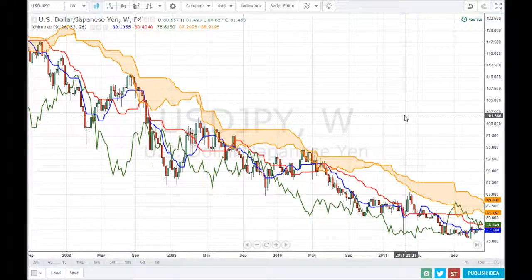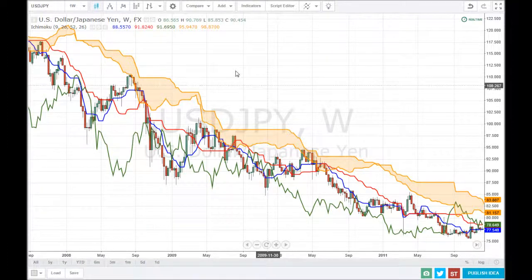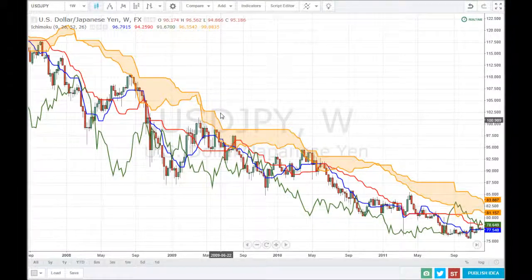As the Ichimoku Kinko Hyo is slightly more complicated than the average technical indicator, it's best taught from a price chart with the indicator on that chart. So the Ichimoku Kinko Hyo can look a bit overwhelming, but believe me, as I break down this indicator, it's a lot easier than it looks.